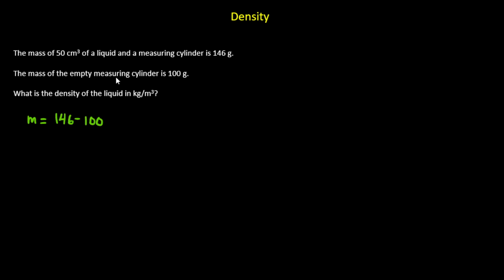Remember, this is the empty cylinder, this is the cylinder with the liquid, and so the mass of your liquid would be 46 grams. You also know the volume, which is 50 centimeter cubed, and it's asking you to find the density of the liquid in kilograms per meter cubed.